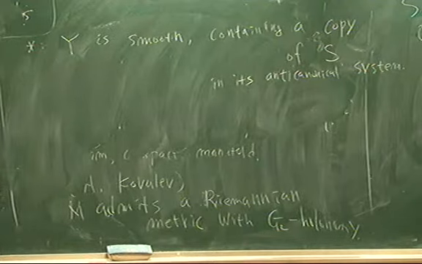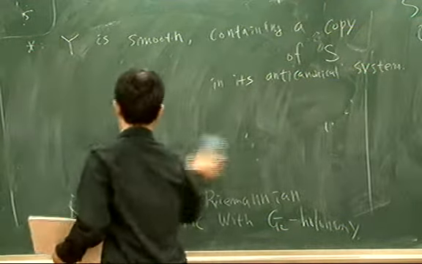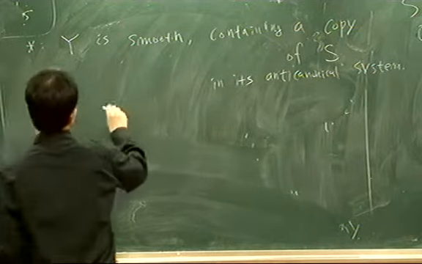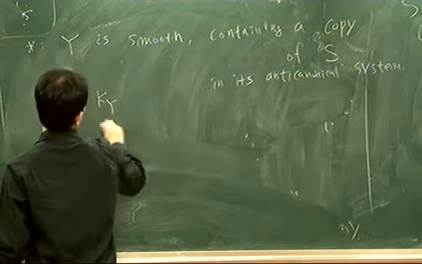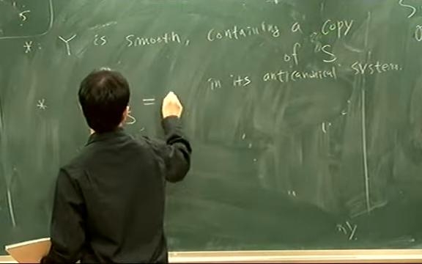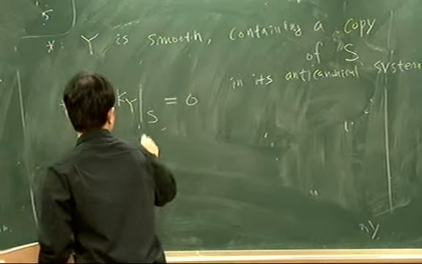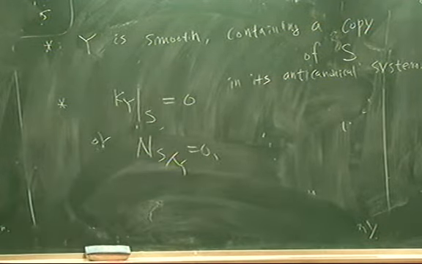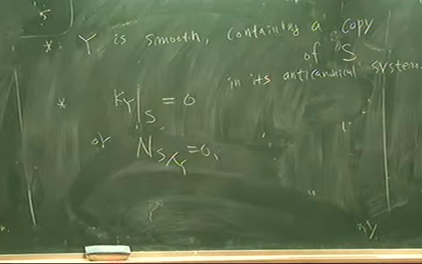And this means K_Y restricted to S is trivial, or equivalently N_S/Y is trivial. By the adjunction formula, those are equivalent.